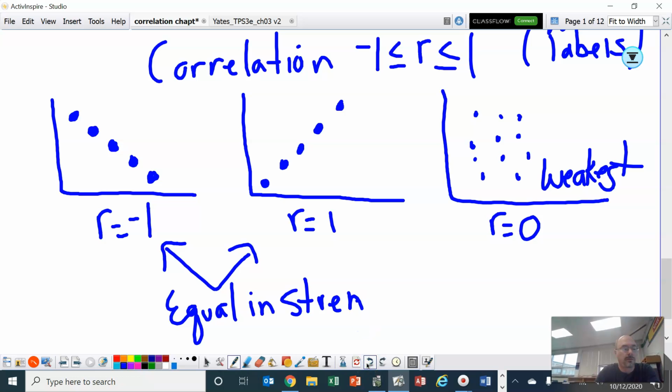They are equal in strength. It's just that with one the dots are going down, and with the other the dots are going up, but they're equal in strength. Those are the strongest correlations you can have.